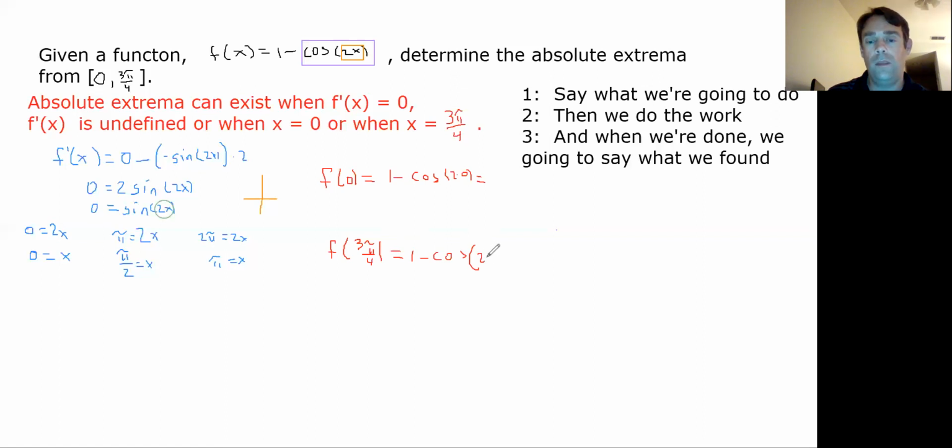Now, I told you guys on some of the other stuff you don't have to simplify. You always have to simplify trig values. If you don't simplify trig values, you will get dinged on the AP test. And notice I only got one other of my critical numbers that falls in between my domain. That's pi over 2. So I'm going to add that in here.